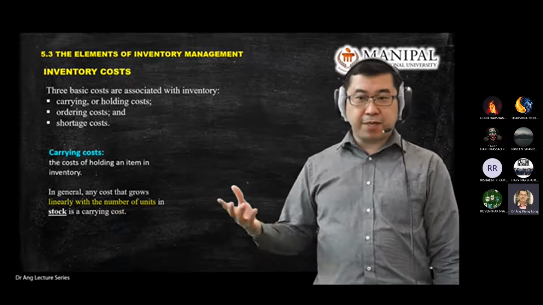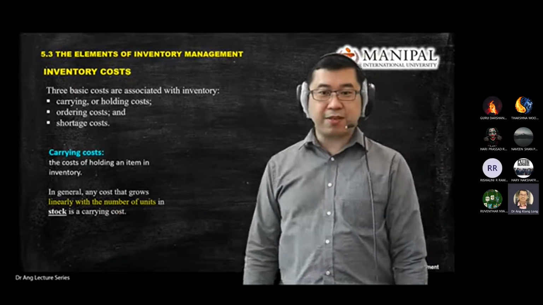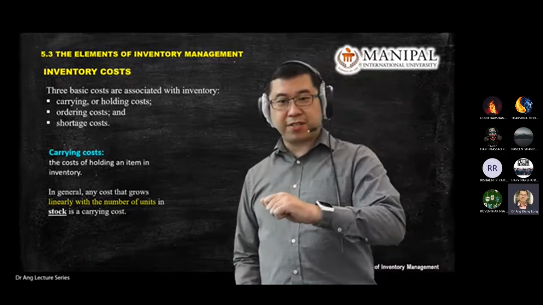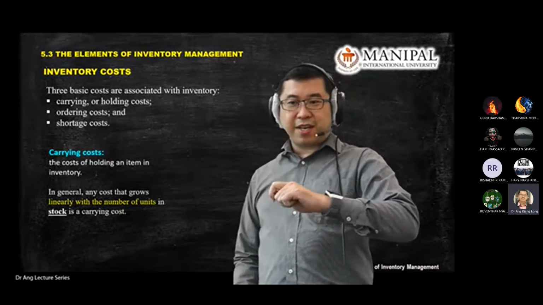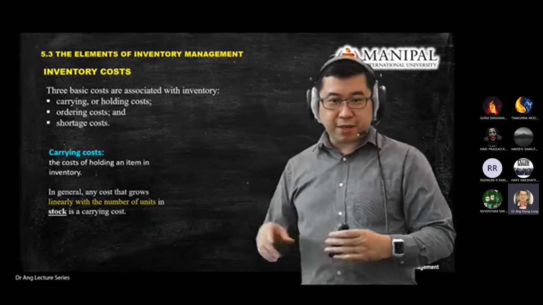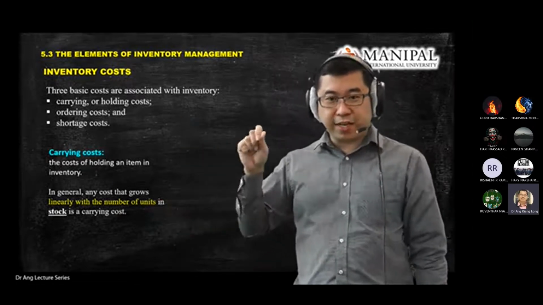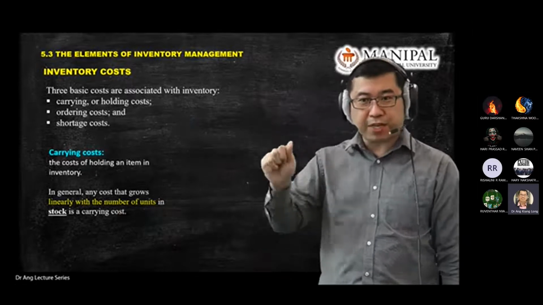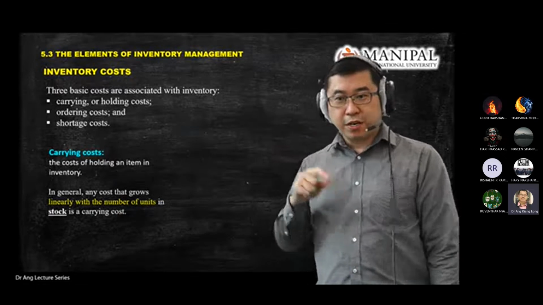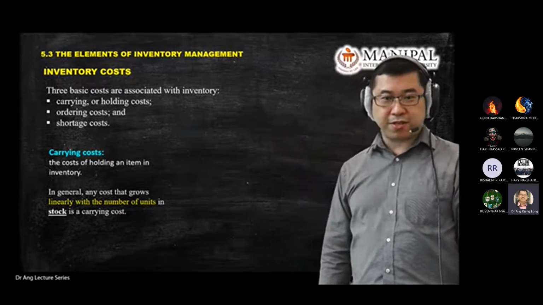For example, in the burger store business just now, you buy 100 packets of meat, or you buy 1,000 packets of meat, the cost will increase with the number of meat packets that you put into your fridge, right? Or the meat packets that you purchase for your next day business.